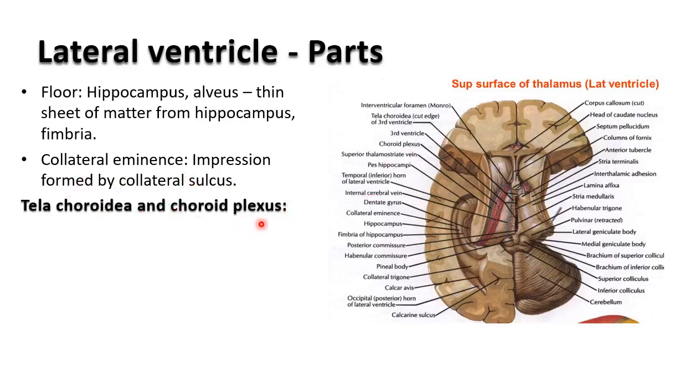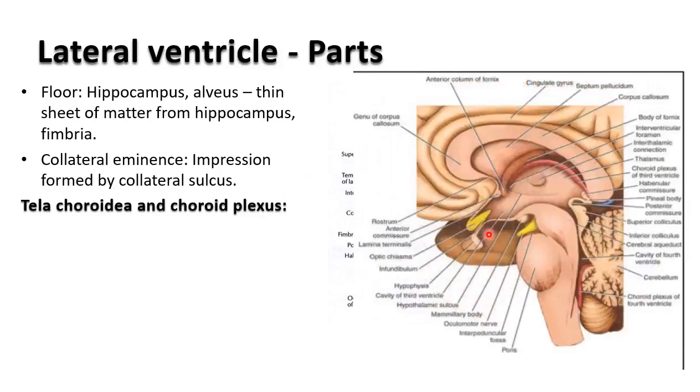These two, the tela choroidea and choroid plexus, are separated from the cavity by the structures lining the interior of the cavity, the ependymal cells. So they are lined by the ependyma, a specialized type of neuroglial cell.